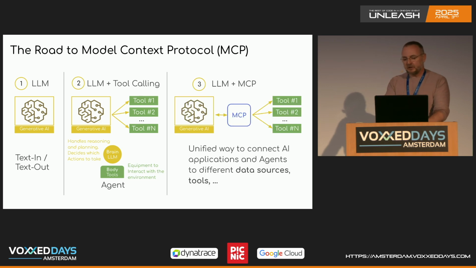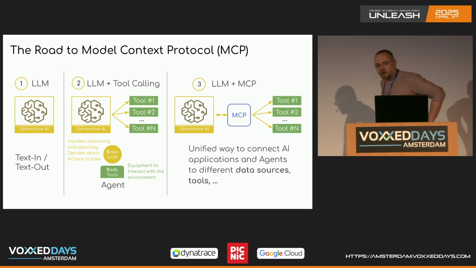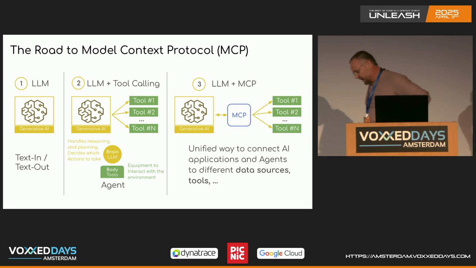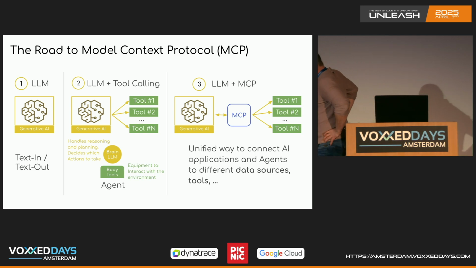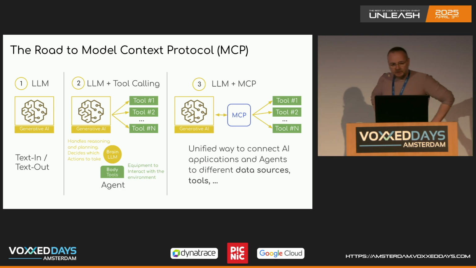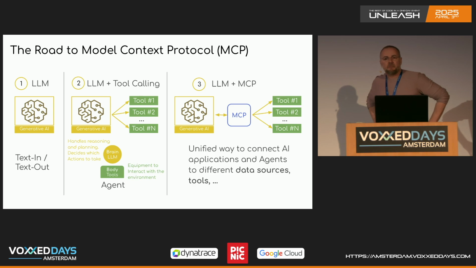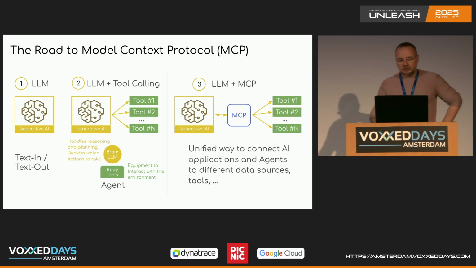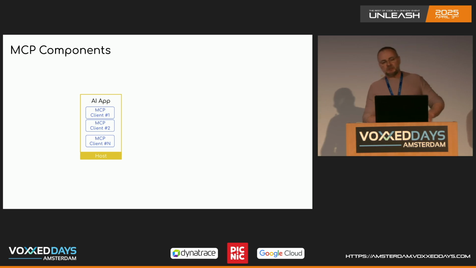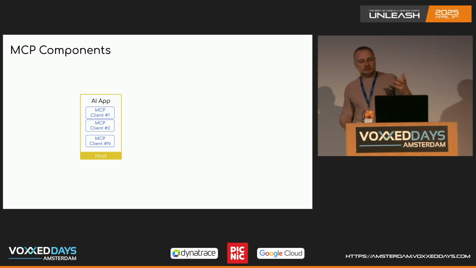And indeed, the MCP, the Model Context Protocol, is a specification that was initiated by Anthropic last November. It aims to provide a unified mechanism that allows you to connect your AI applications to different external data sources and tools. Under the hood, the MCP architecture looks like this.